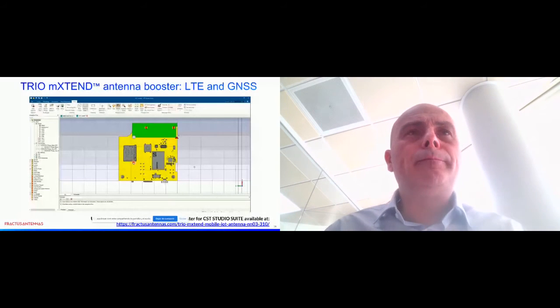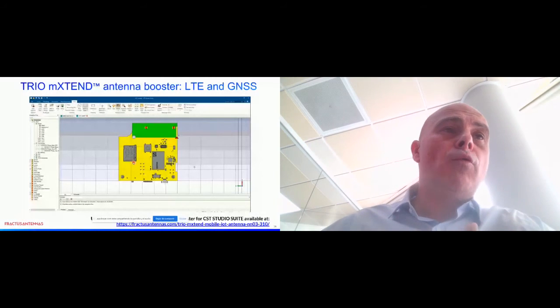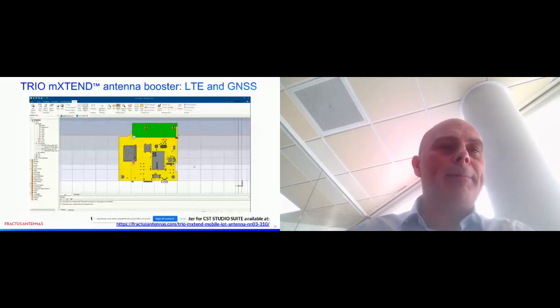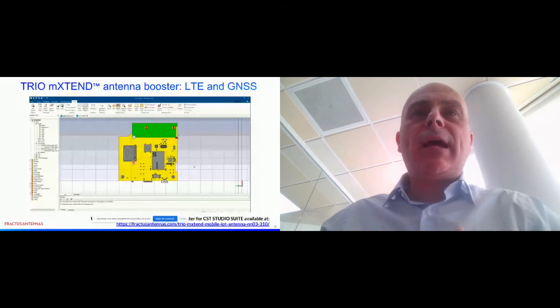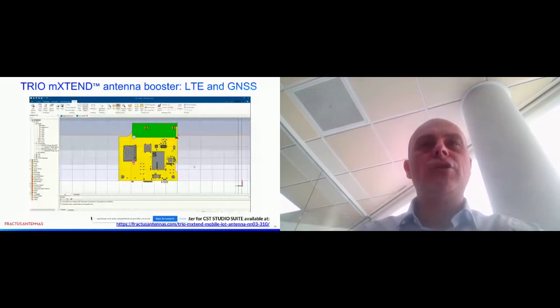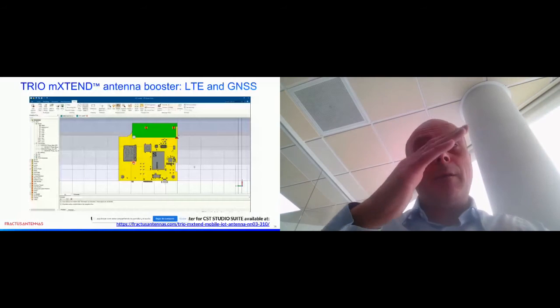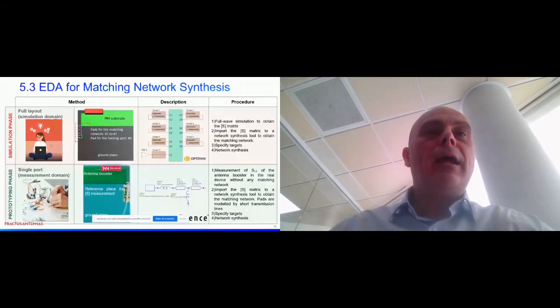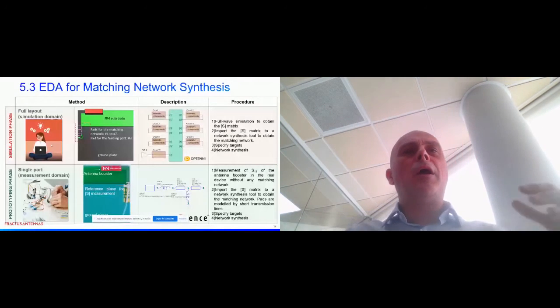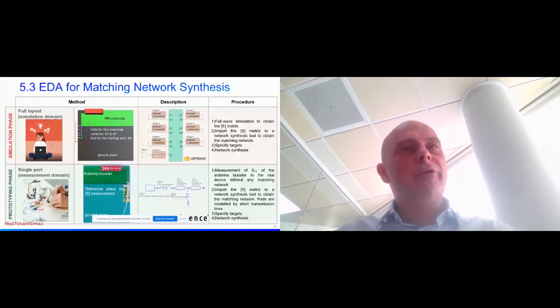Now, let's have a look at the third EDA tool that you can use, either in the simulation phase or in the prototyping phase, in case you want to design your own matching network. So we have plenty of webinar information, tools, and documents, following very simple and systematic steps, in case you want to design with your simulator and include the patch effects and some other stuff.